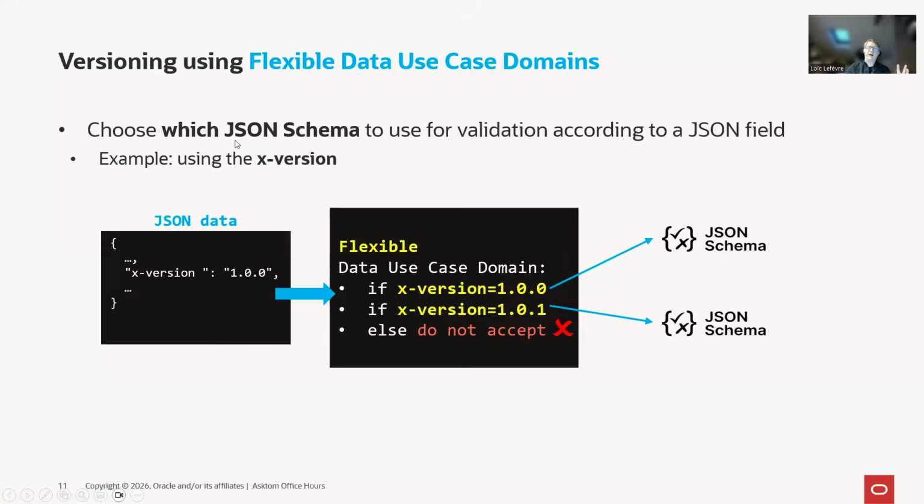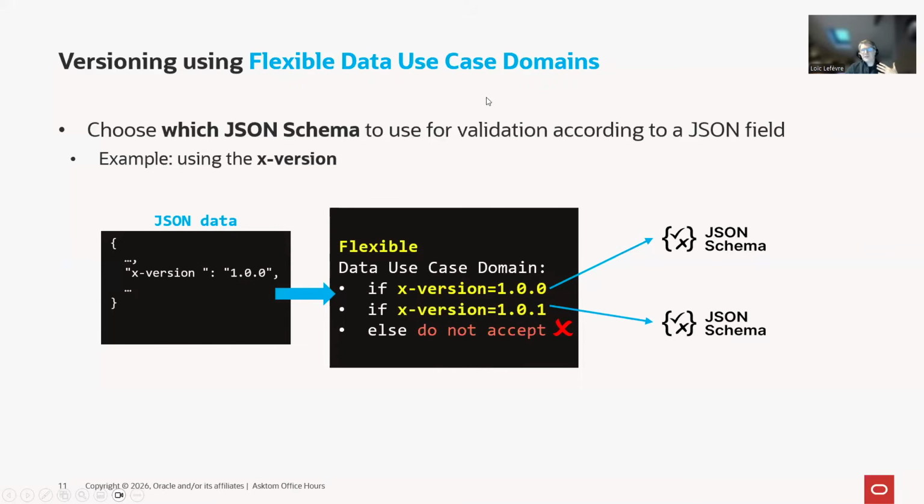But here, I wanted to present a way to actually manually manage versioning of your own schema, basically using the flexible data use case domain feature. So here, imagine you have a JSON document here. You specify the version, so it means it should comply with version 1.0.0.